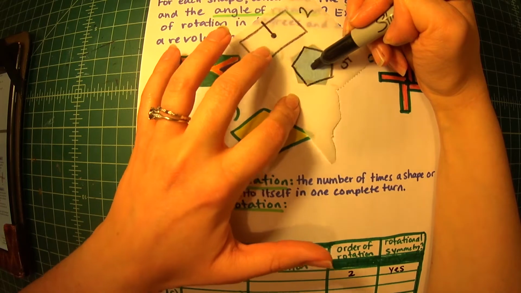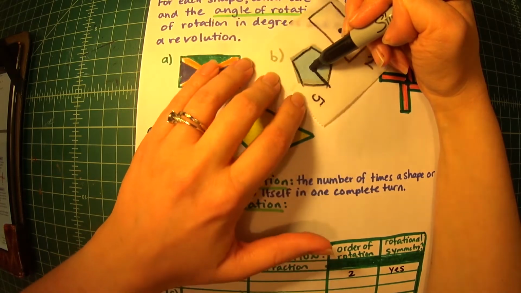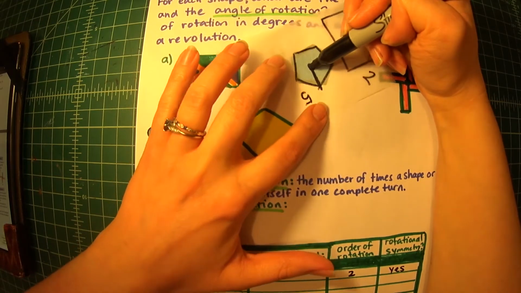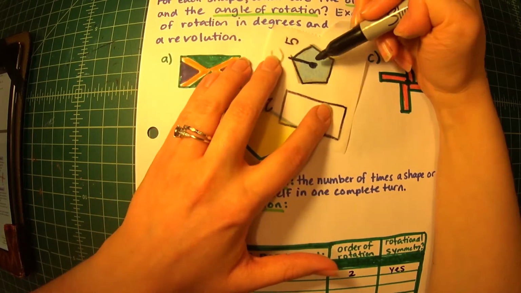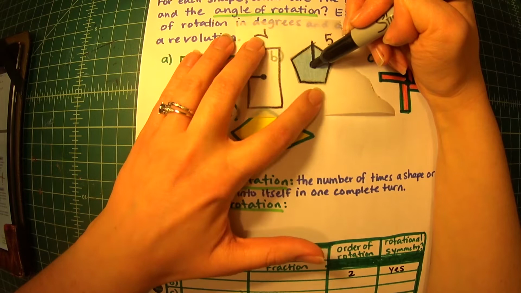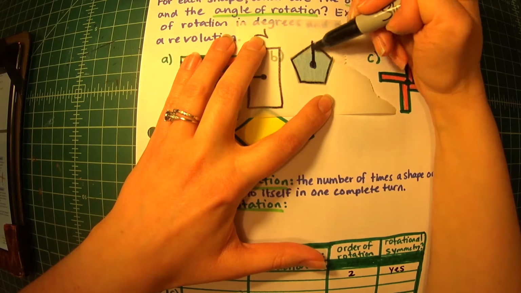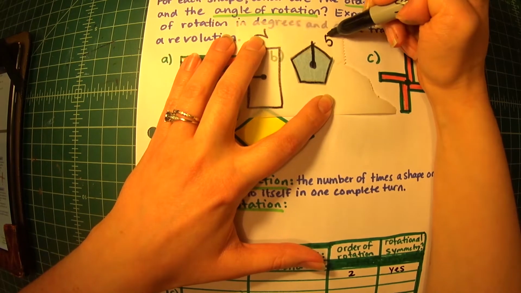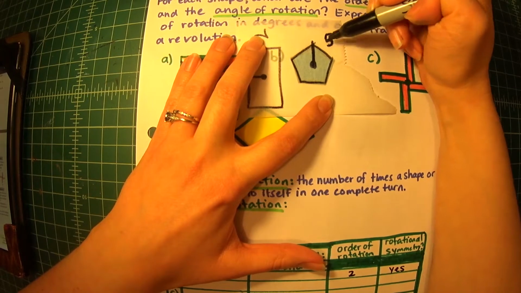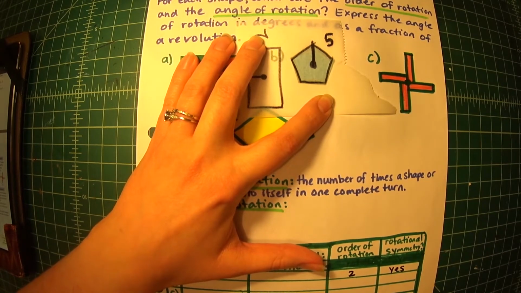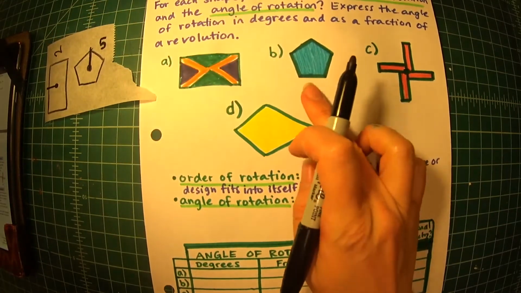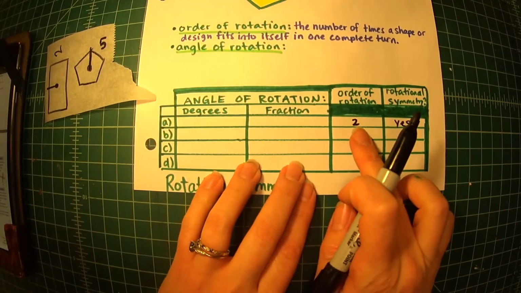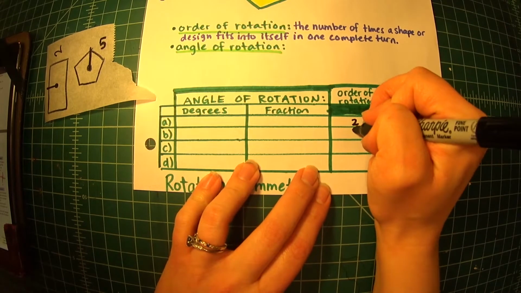So turn, 1, 2, 3, 4, and 5, back to start. And you do count the match up when you get back to start as well. So that's how I ended up for B with an order of rotation of 5.